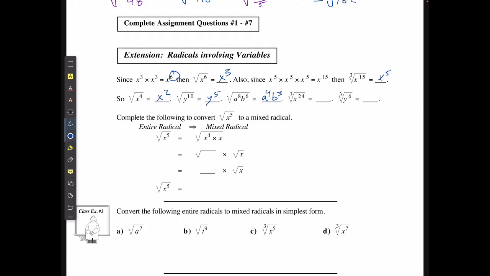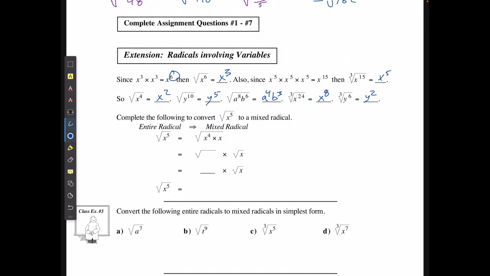When I have a different index, then now I'm going to be dividing by 3. So x to the 24 divided by 3 is x to the 8. Or y to the 6 divided by 3 is going to be y to the 2.